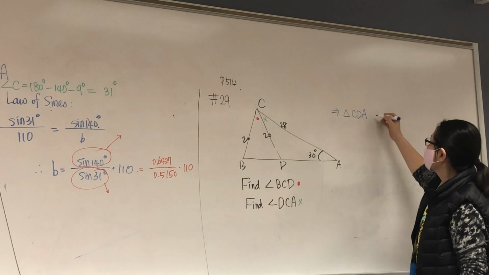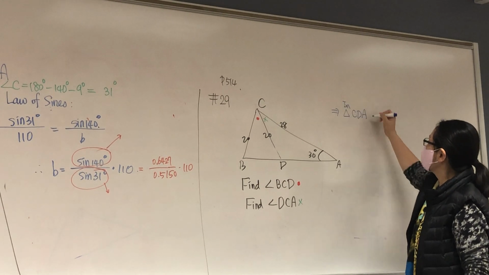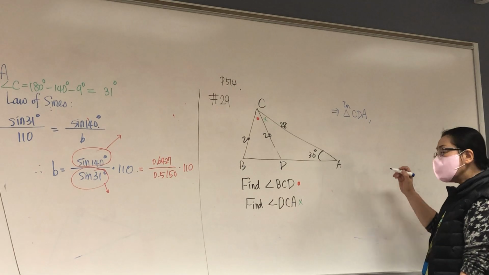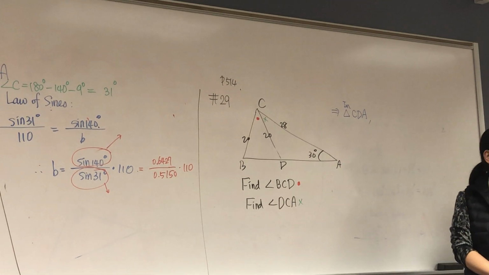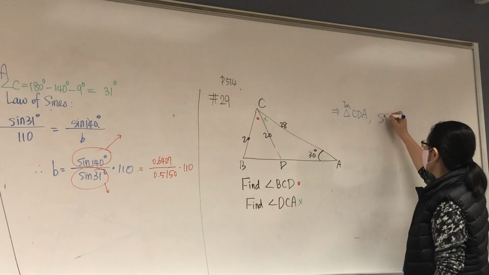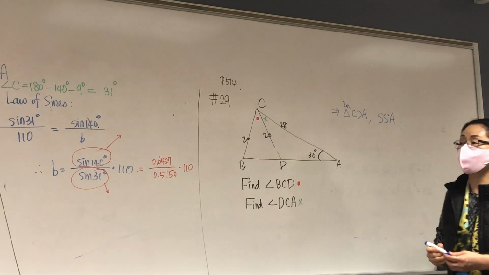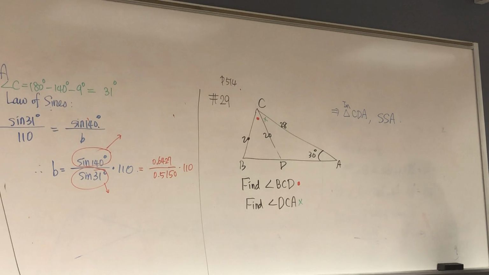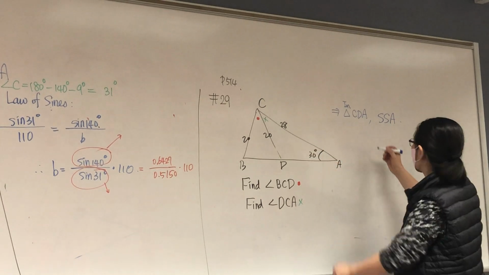Good. What information do you have? Side, angle, side. Yes, we have a side and an angle. So which law? Law of sines. Isn't it the first choice?